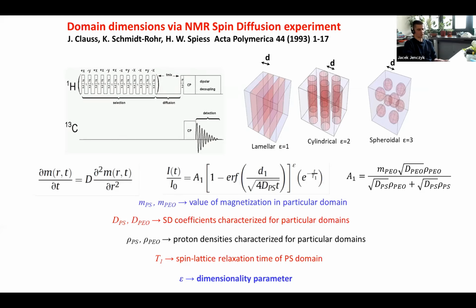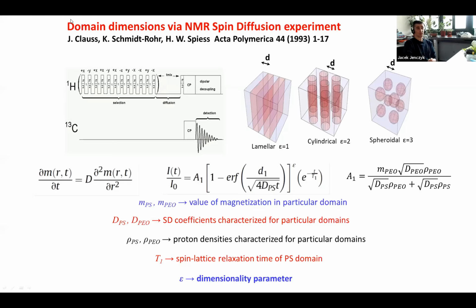That means that one displays a very short spin relaxation time, while the second one displays a much longer T2 relaxation time. So in general, it does have a much longer FID signal than the rigid component.